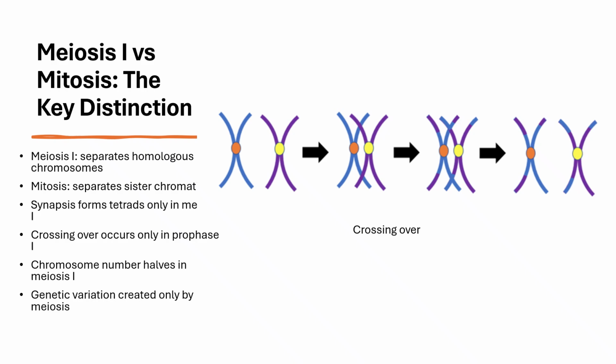Crossing over, which takes place during prophase I, exchanges DNA between homologous chromosomes and greatly increases genetic variation. Because homologs separate in meiosis I, the chromosome number is reduced from diploid to haploid. This reduction does not occur in mitosis, which maintains chromosome number exactly.